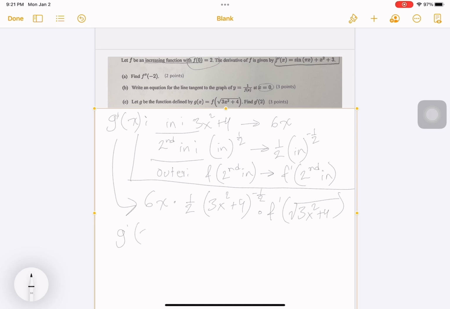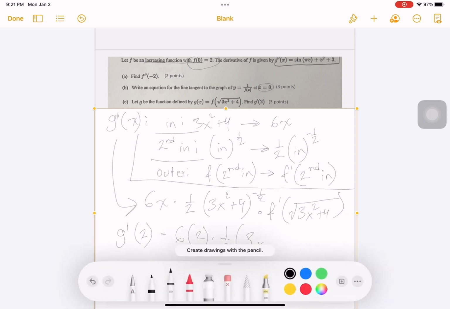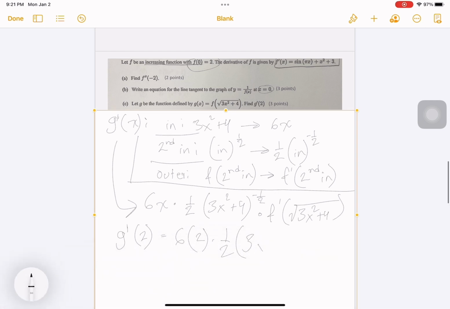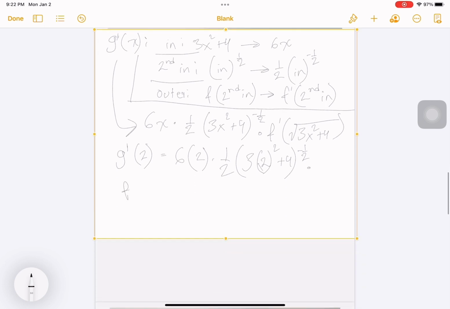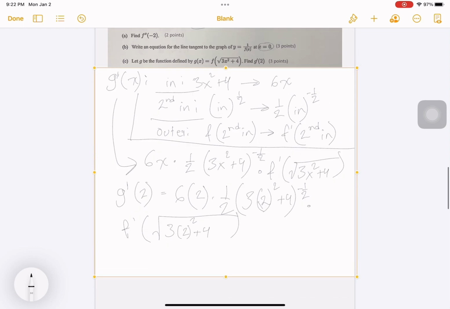Now all we need to do is substitute in 2 for g prime of 2, so it'd be 6x, which is 2, times 1/2 times 3 times 2 squared plus 4 to the negative 1/2, times f prime of square root of 3 times 2 squared plus 4.